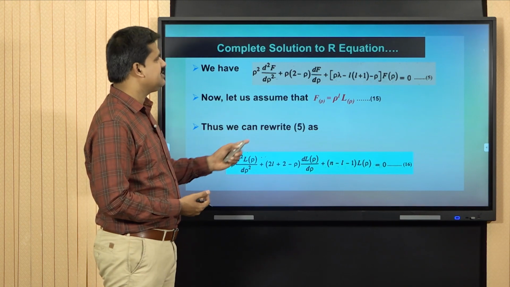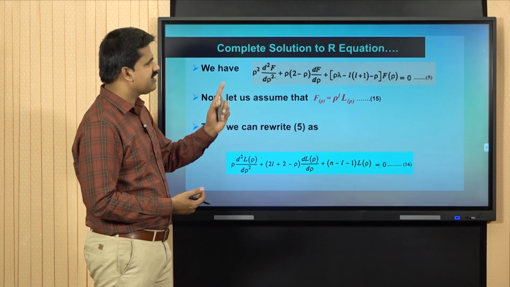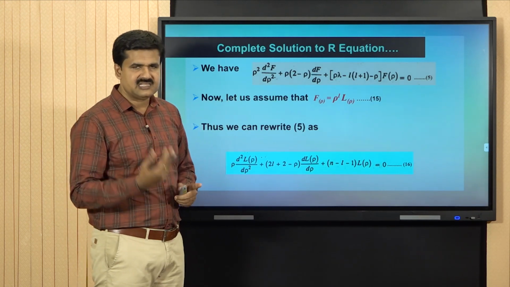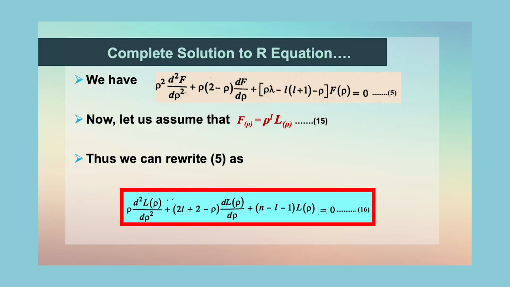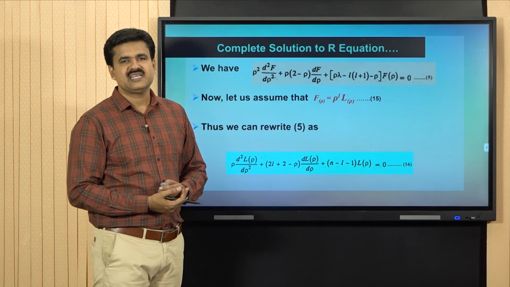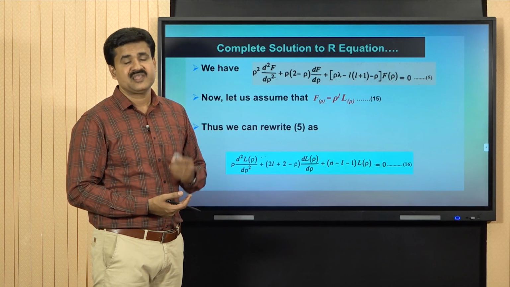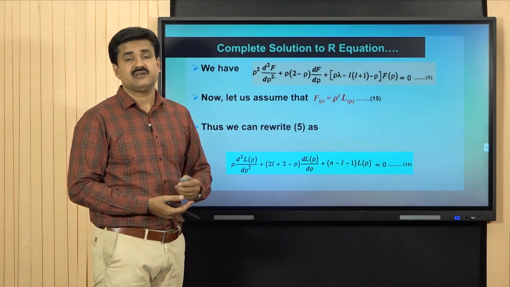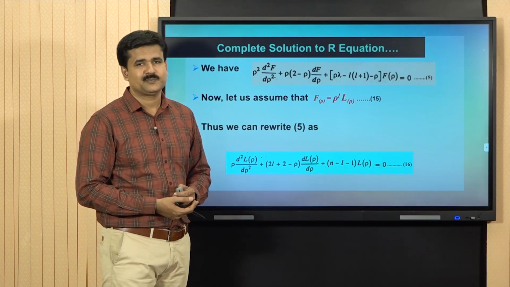By putting equation 15 in equation 5, we can rearrange equation 5 like this: rho into d square L rho divided by d rho square plus 2L plus 2 minus rho into dL rho divided by d rho plus n minus L minus 1 into L rho is equal to 0, where L rho, similar to f rho, is a new function that depends on the variable rho.